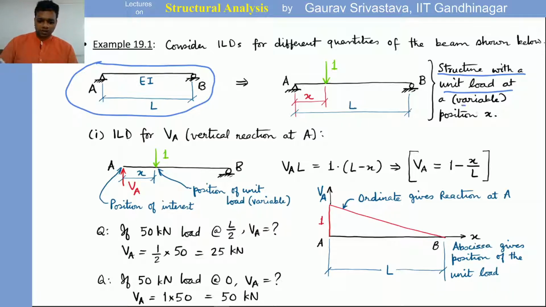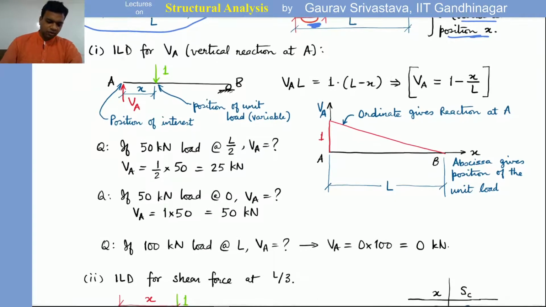This position x is actually the variable. So all the graphs are going to be made with respect to this position x. In the graphs that we make, the abscissa or the x-axis will actually be this x, which is the location of the unit load on the structure.